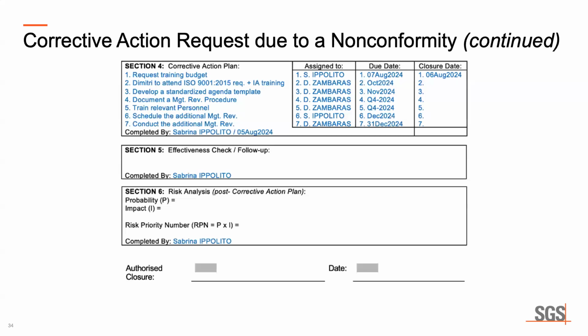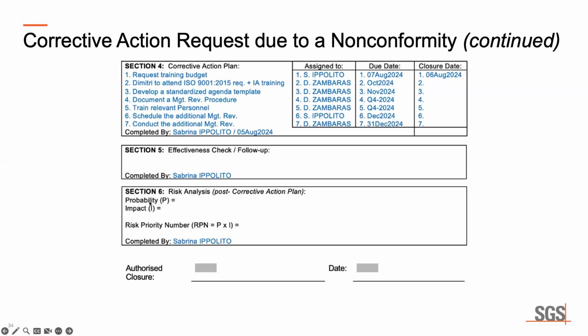Try to make it point form as much as you possibly can. What needs to be done? Execute the task. Who are you assigning it to? Use the name. When is it due? You can go by exact date, like October 15th, 2024. You can speak in terms of the month and the year, or you can talk in terms of quarter. And then what's the closure date?